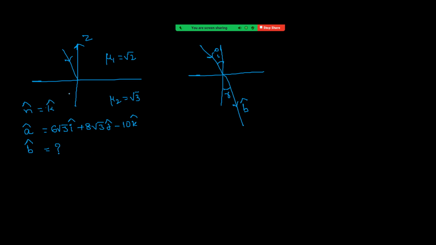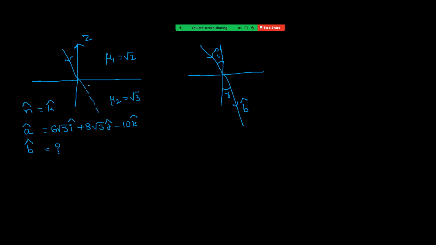Now do one thing. First find out the angle of incidence. If you observe carefully, between the unit vector along the incident ray, that is a cap, and n cap, we can see that the angle is 180 minus i, right? See, I am extending here.